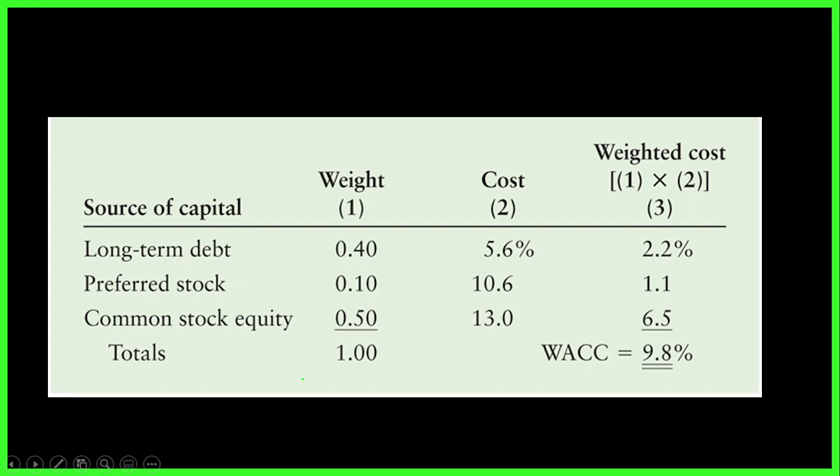Any investments made above the weighted average cost of capital will guarantee, assuming all variables are the same, a higher value for the firm. Investing below the weighted average cost of capital will reduce the value of the firm.